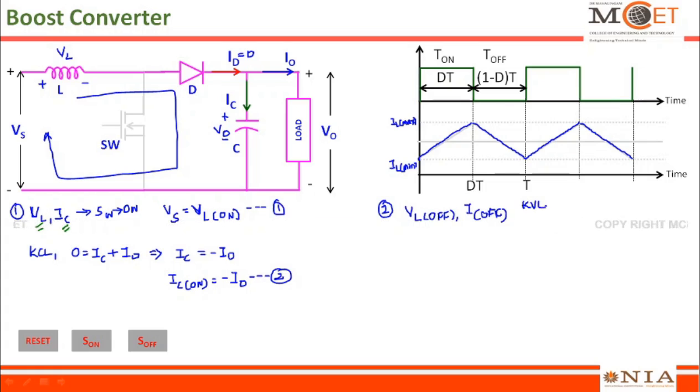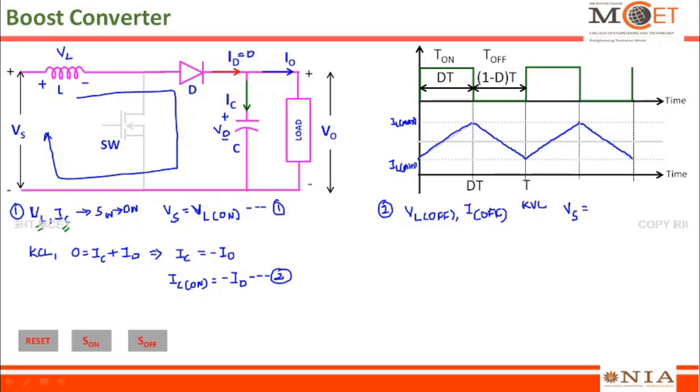So applying KVL to this entire loop. If you look at this Vs, that is the supply voltage, the current is flowing in the direction of this blue arrow mark. It is flowing from minus to plus, so it is a potential rise. So Vs is equal to, the voltage across the inductor is flowing from plus to minus, so it is a potential drop.